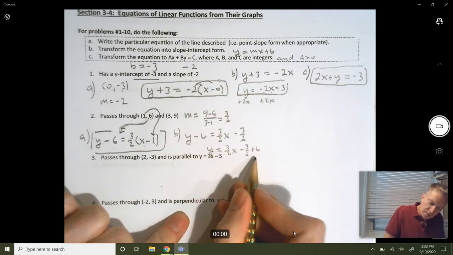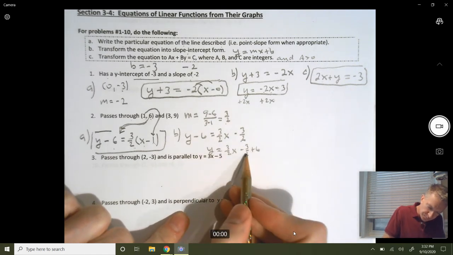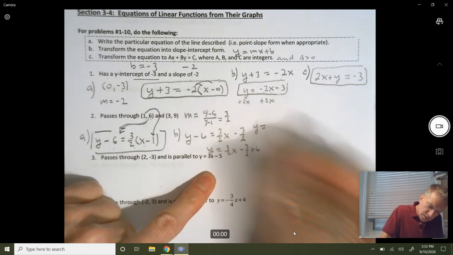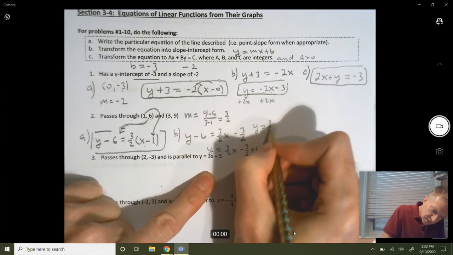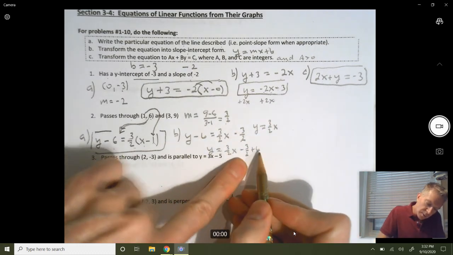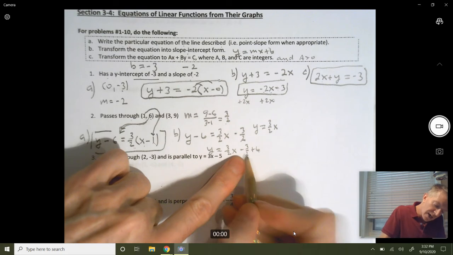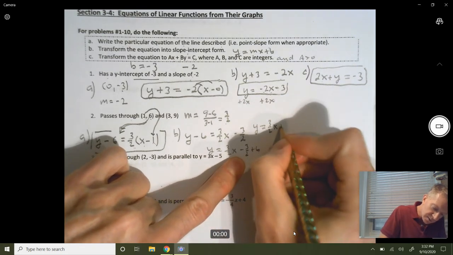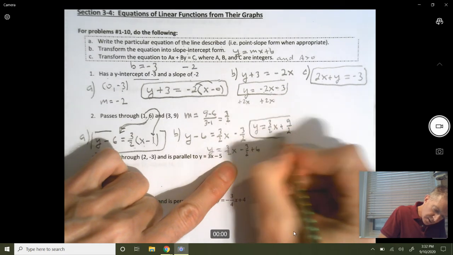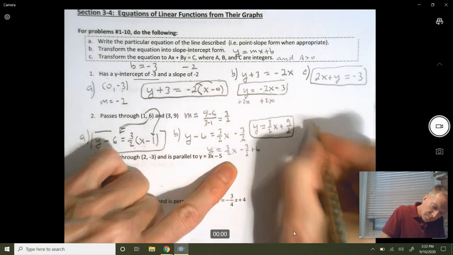Getting common denominators, y equals 3/2 x, and that would be 12/2 minus 3/2 equals 9/2. Or you could call it 4.5. But there's slope intercept form.